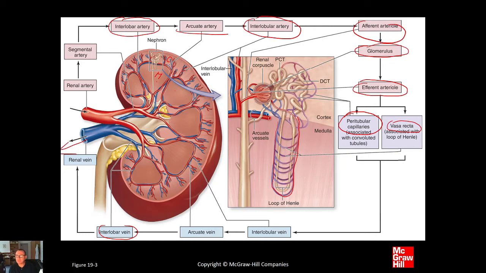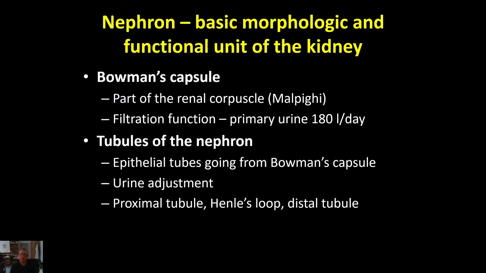So that is the vascular supply of the kidney. Very important. Please, you must know it not only for histology but also for anatomy. So I hope you will know the vascular bed of a kidney.